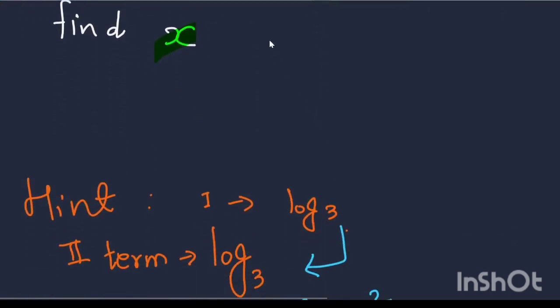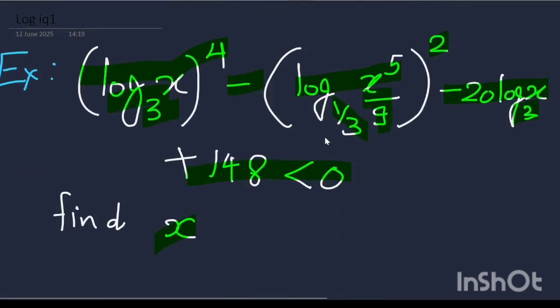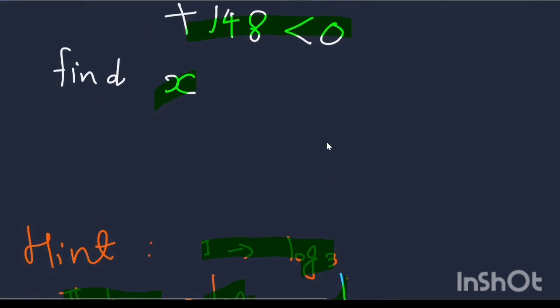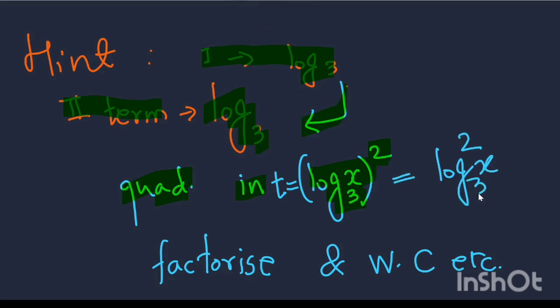The first term was in log base 3, the third term also was in log base 3, which means that the second term also we should convert in terms of log base 3. The second term mainly needs some solving. If you solve the second term, on the entire left hand side you will get a quadratic in log x base 3, whole square, which we can also write as log square x base 3.